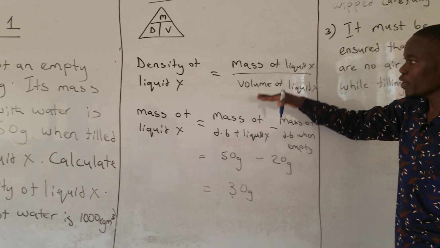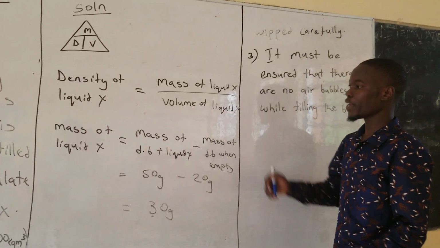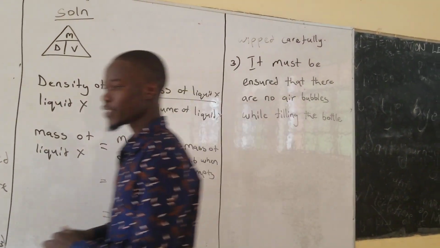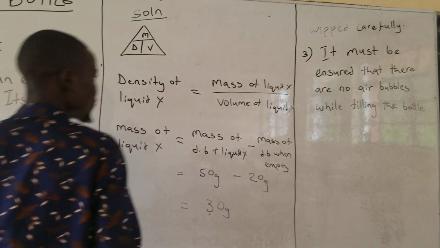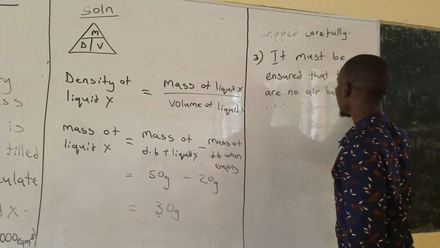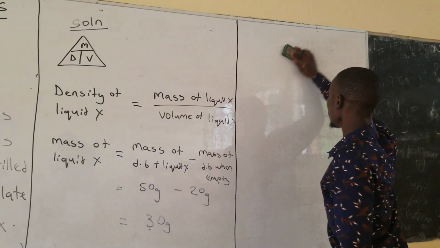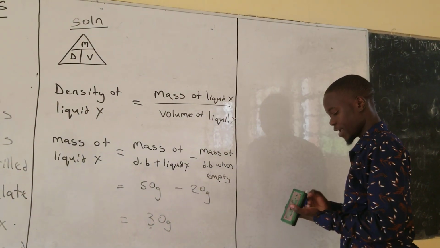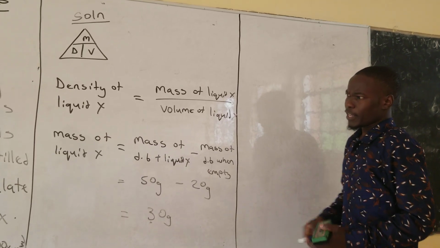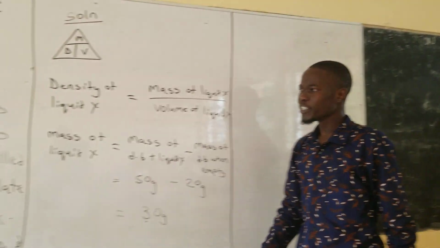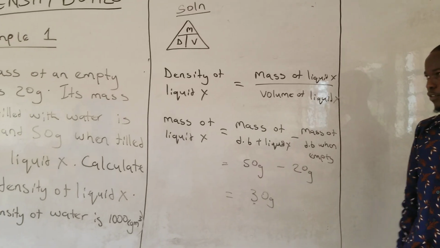That is the mass. We are now moving to the volume of liquid X. And I want you to listen to this carefully, because here is where most of the students fail it. The volume of liquid X. Remember, in the question we are not given the capacity of the density bottle.